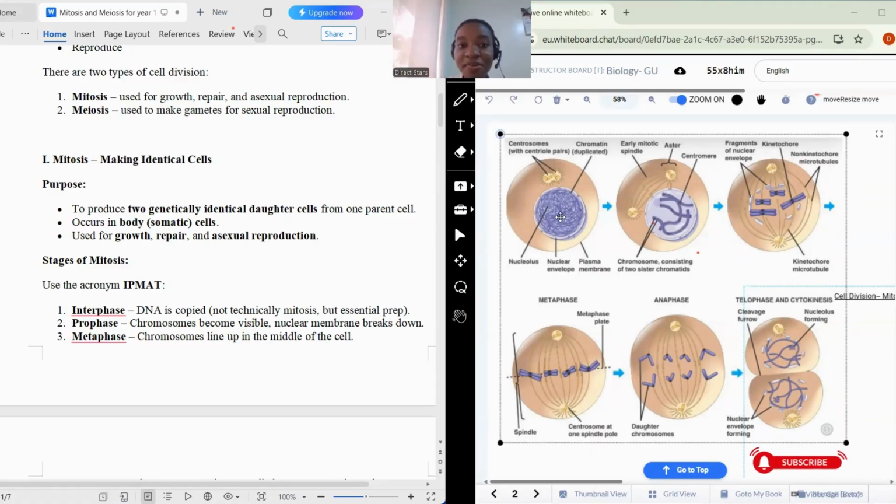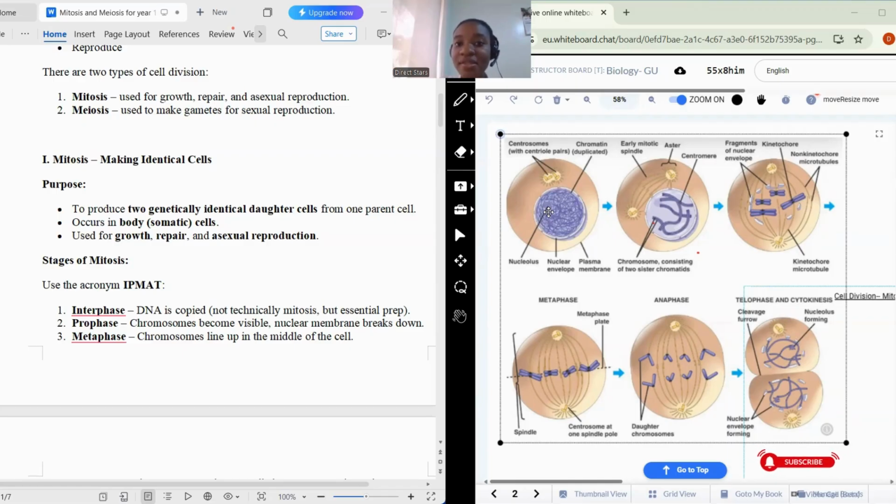So the chromosomes, the DNA, everything just assumes this mass of scattered chromatin granules. It's just a mass of scattered chromatin granules.